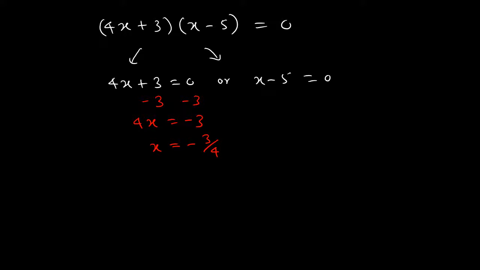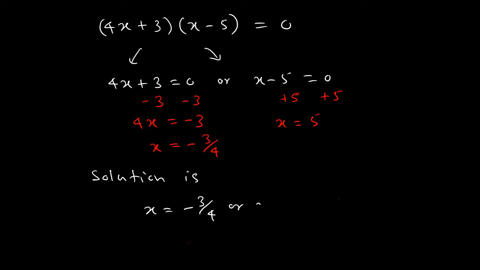Then the same thing, you add 5 to both sides, and once you do that, you get x equal 5. So that means this gives you the solution. So the solution is x equal -3/4 or x equal 5.